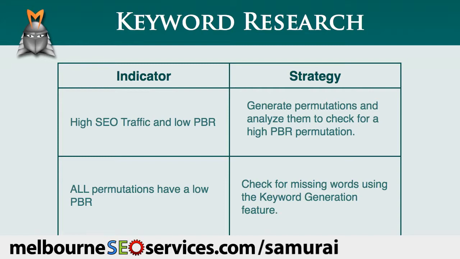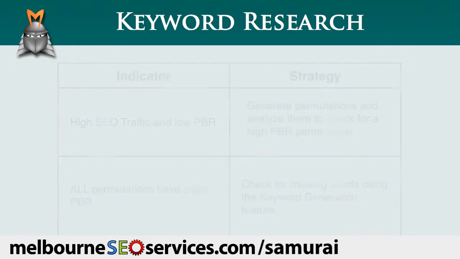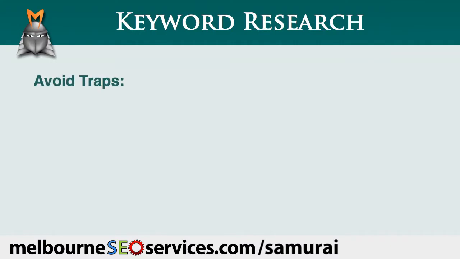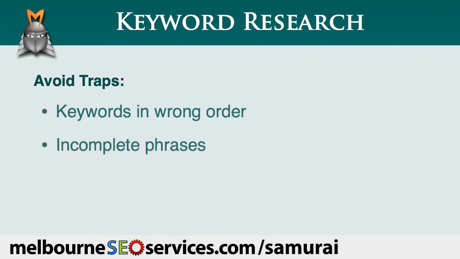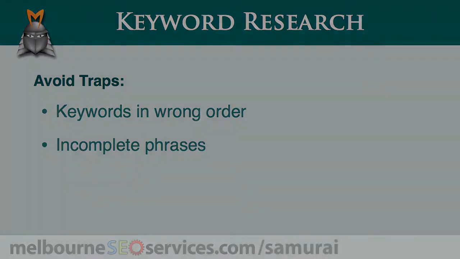By understanding concepts such as keyword phrase permutations, you'll gradually develop the skill and intuition you need to explore a niche and find the best opportunities to target. You'll also be able to avoid the traps of optimizing for keywords in the wrong word order or targeting incomplete phrases, and this will give you a much better chance of long-term success.